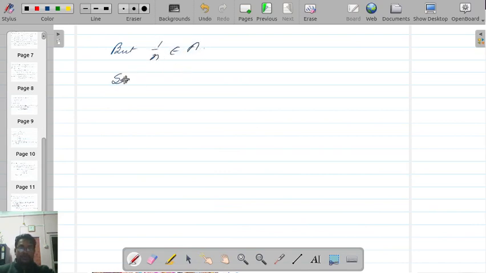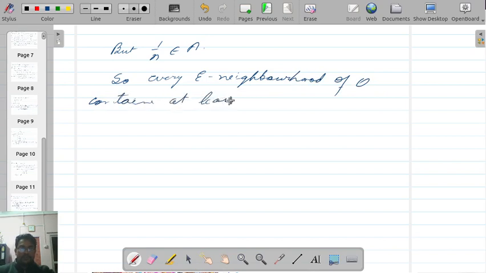Okay, so every epsilon neighborhood of 0 contains at least one point of capital A different from 0.